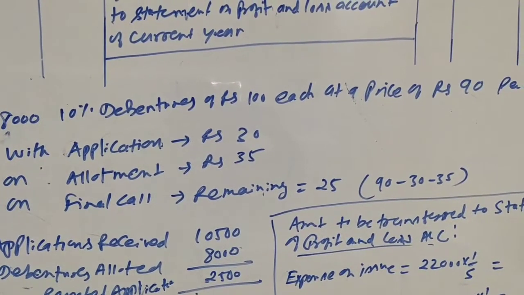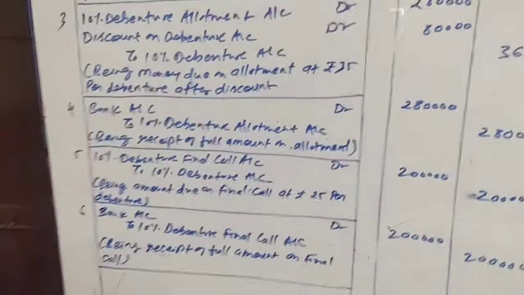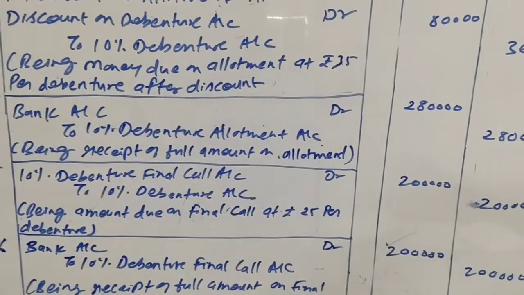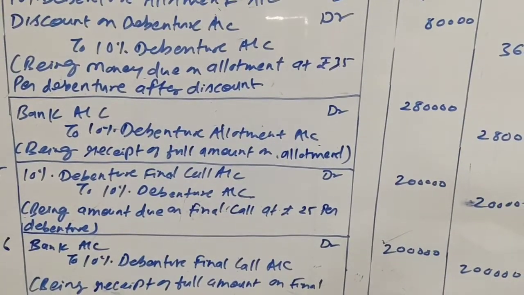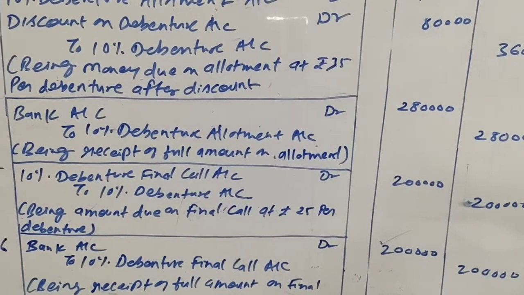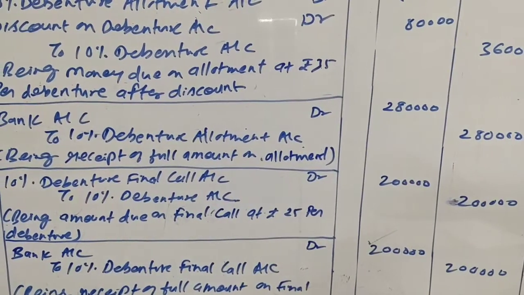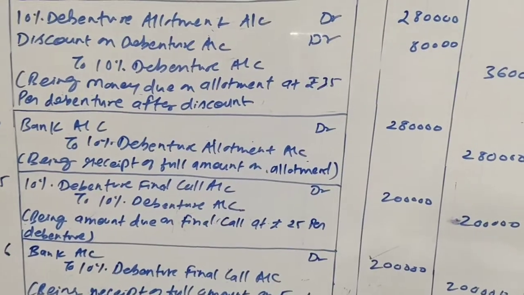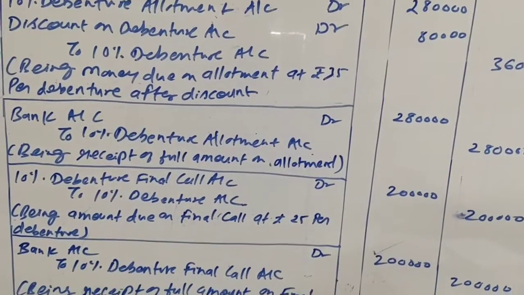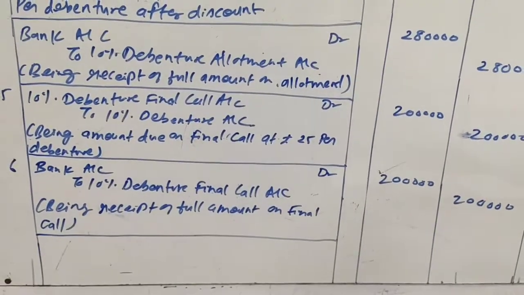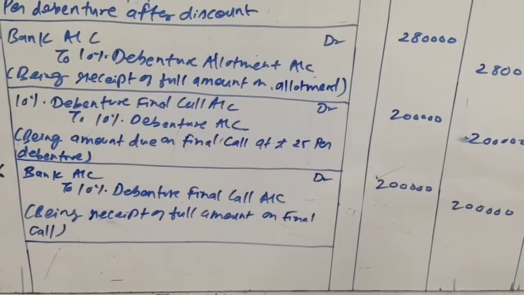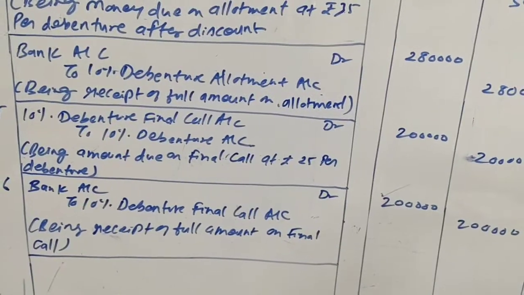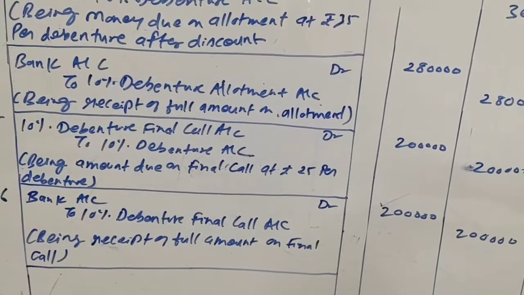So here the entry is entry number 5: 10% debenture final call account debit to 10% debentures account, being amount due on final call at rupees 25 per debenture, rupees 2 lakh. And then finally the amount will be received, and it is mentioned that all amount is received. So bank account debit to debenture final call account rupees 2 lakh, being receipt of full amount on final call. So friends, here we have finished with the routine entries.